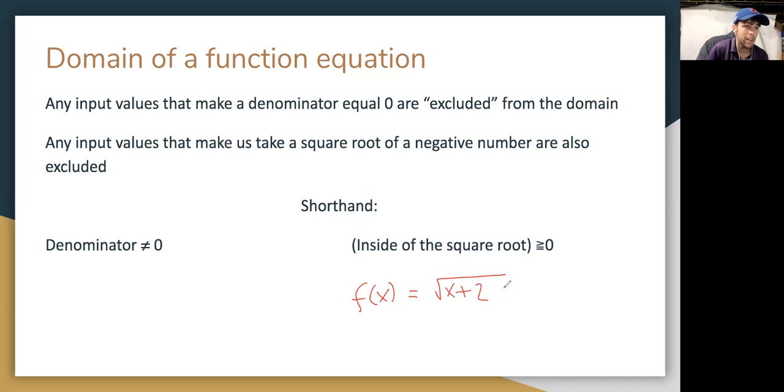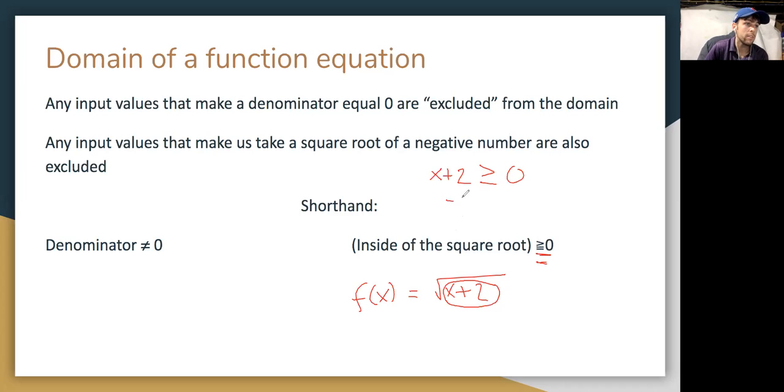But the real shorthand, the easiest way to figure out your domain, is you take what's inside of your radical and set it up with an inequality. So we would say that x plus 2 has to be greater than or equal to 0. And that will establish our domain. That doesn't talk about the excluded values. That actually talks about what is in the domain.